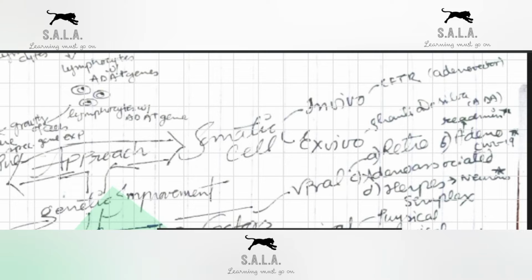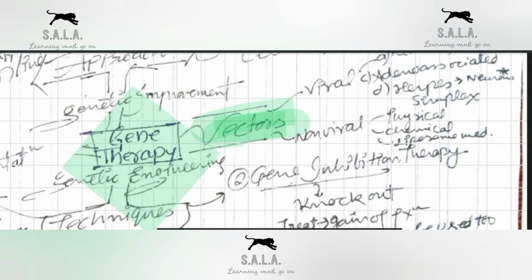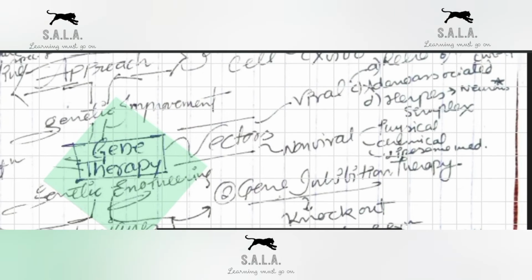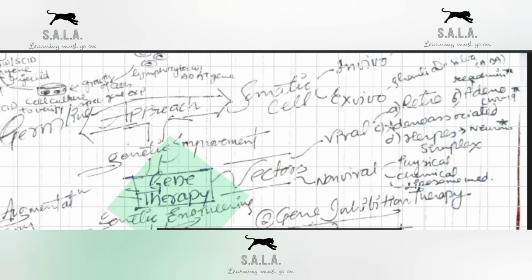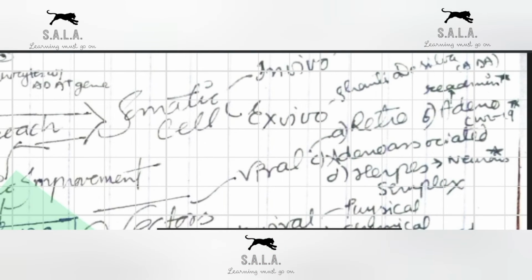Now, there are certain vectors which you use here. Once again, in biotechnical applications, vectors are the most important thing. Viral vectors are mostly used, such as retrovirus.